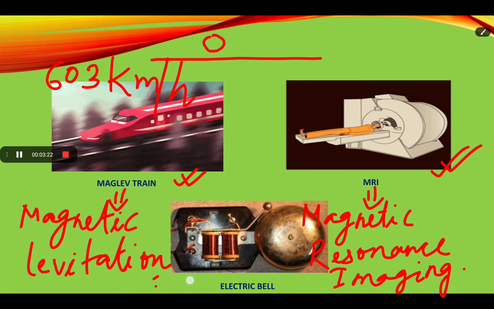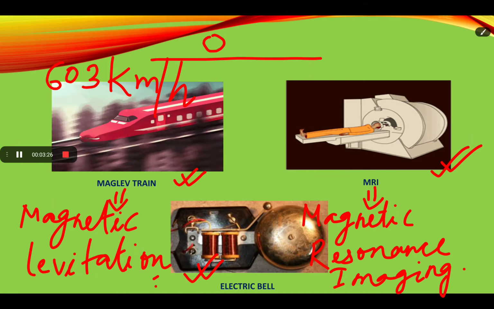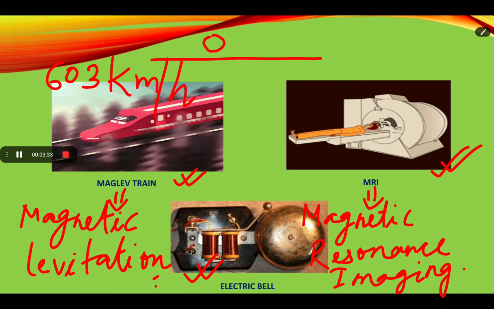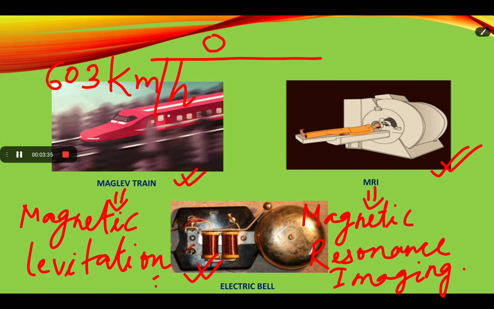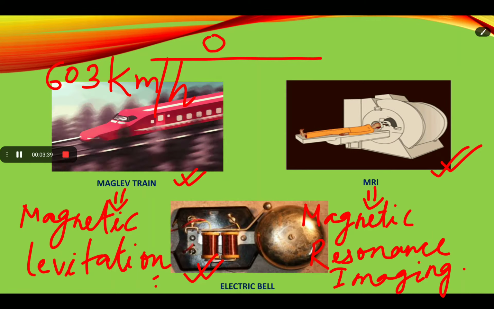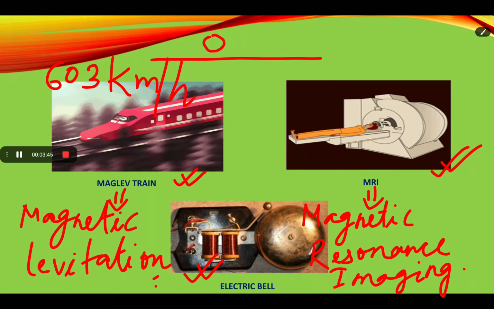The third example is the electric bell. The electric bell also uses an electromagnet, and an electromagnet is prepared by using the magnetic effect of electric current. So these are some practical applications of magnetic effects of electric current.